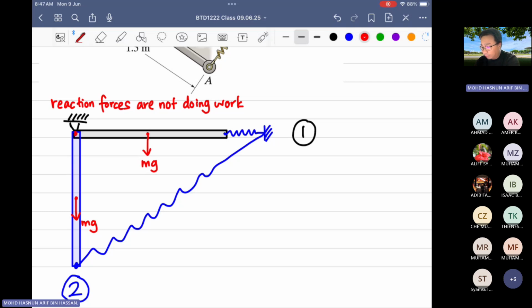If we draw the line at the first position and the line at the second position, we can see that there is a change of height.